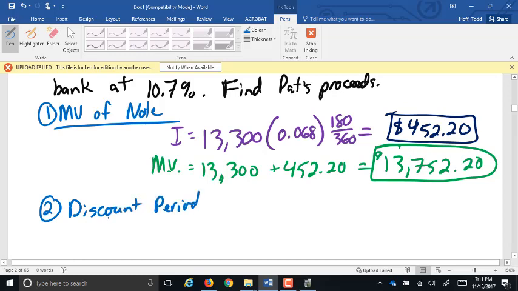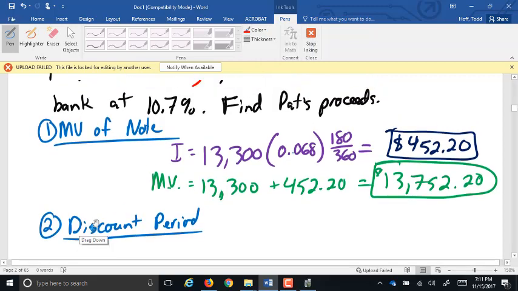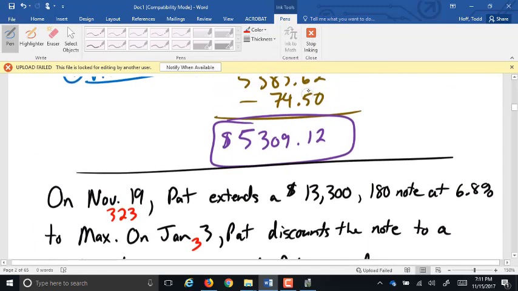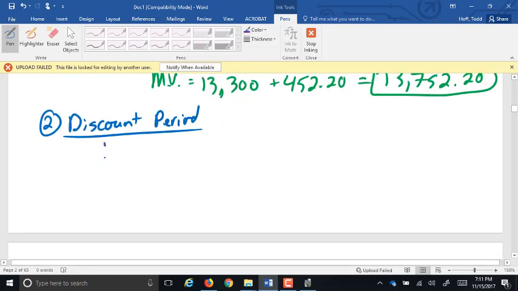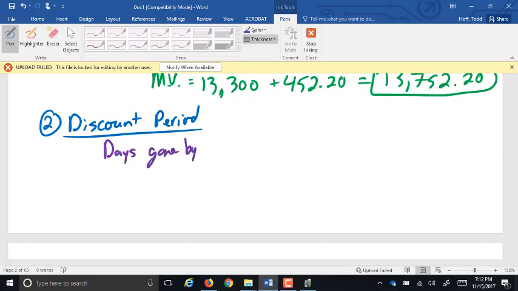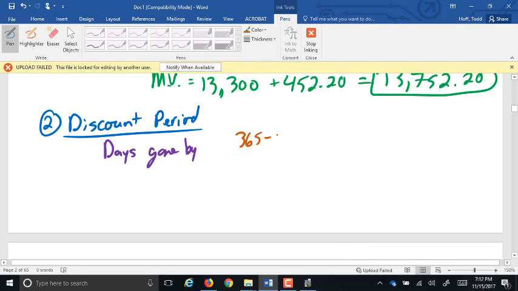Discount period? It's a lot different when you throw in the dates instead of just saying the number of days, isn't it? The first thing you're going to find here is the number of days gone by. You start out with 365 minus, what was November 19th? 323, which is 42 days.